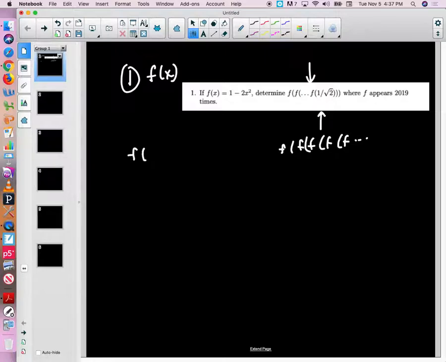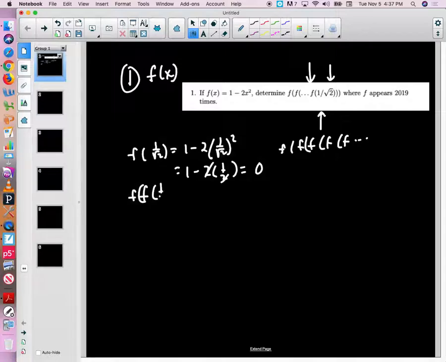So the first thing that you see is f of 1 over root 2. That gives me 1 minus 2 times 1 over root 2 squared. We're looking for a pattern because they wouldn't want us to do something that ridiculous. So that's 1/2, and 1 minus 1 is 0. So now I find f of 1 over root 2, which gives me f of 0.